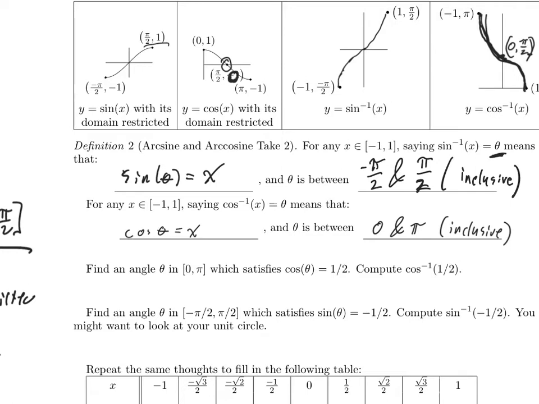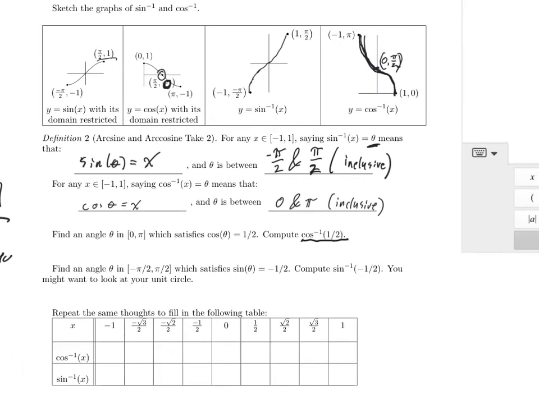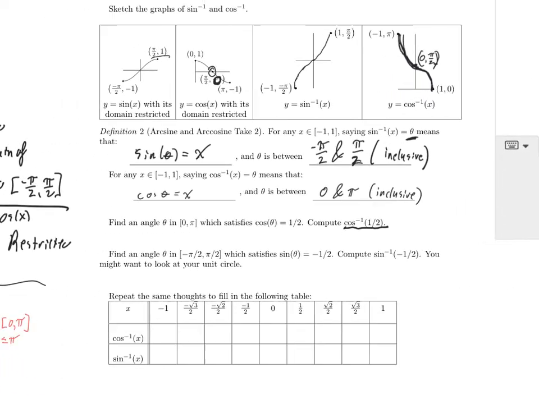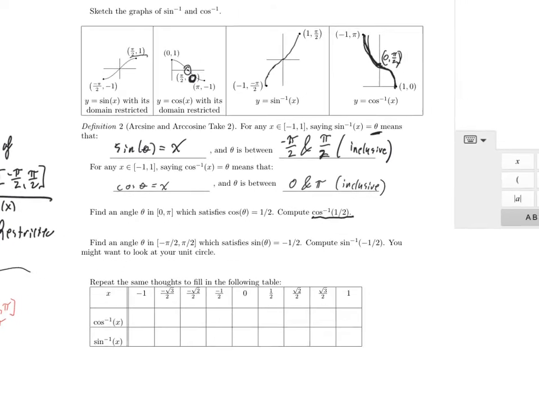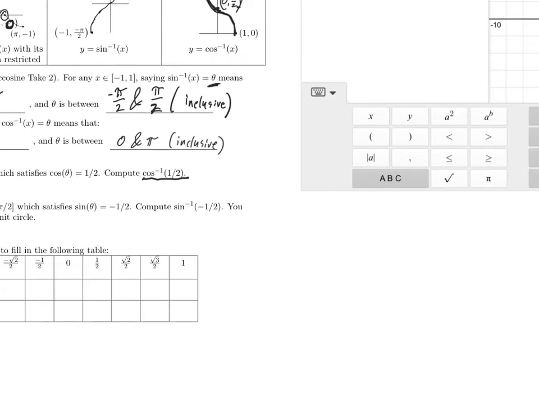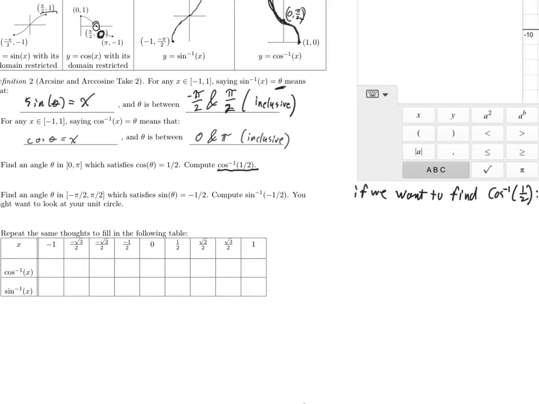So let's use that to make some computations. Let's try to understand what the inverse cosine of 1/2 is, and in order to motivate why the questions that are asked before that are suited to answering this question, let's see that. So if we want to find cosine inverse of 1 over 2, then what do we need to find?